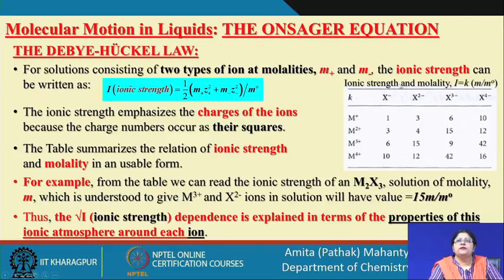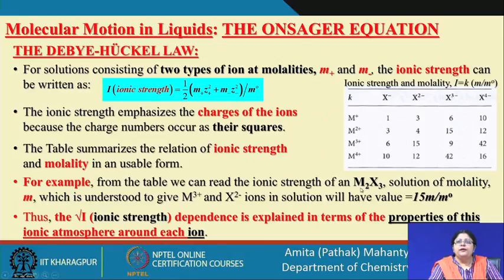We have the ionic strength and the molality represented as I equals K into m by m naught. m naught we will take as 1. Okay. So, suppose we have different types of electrolyte; this is the cation which is going to be generated, and this is the anion which is going to be generated.